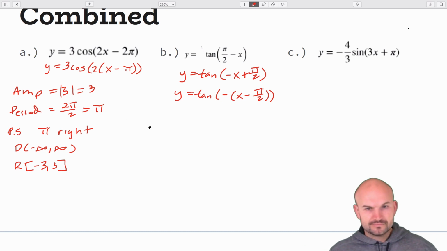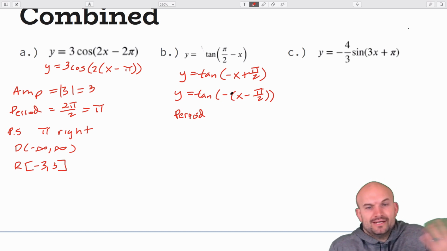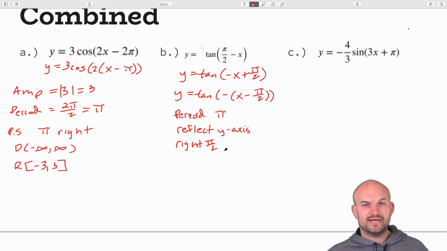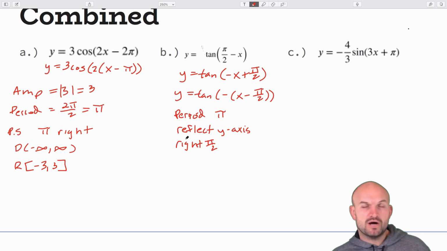But we do have the period, which is just going to be pi divided by the absolute value of b. Since it's -1, we don't really need to worry about that. So that's just going to be pi. That does tell us, though, we have a reflection about the y-axis. And we are shifting right pi halves. Okay, there's no shift up or down, no vertical transformation.